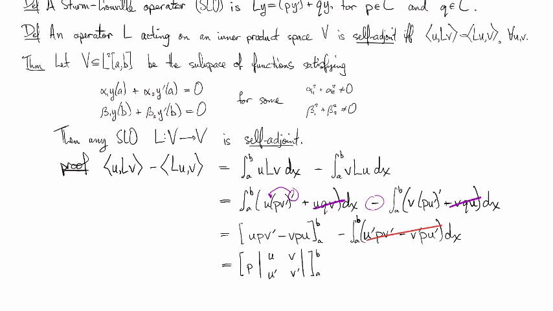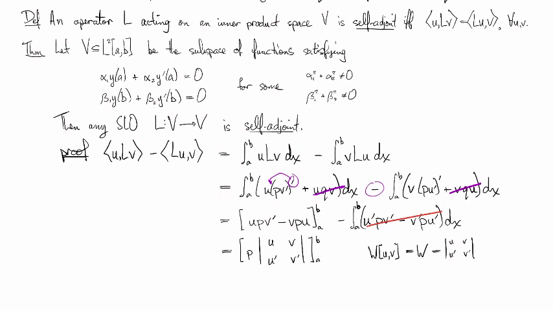And that determinant is called the Wronskian. Typically we denote the Wronskian of u and v with this W here. I'll just call it W for short. You put the functions across the top and then their derivatives across the next row, like that. And so what we have here is p(x) times the Wronskian at x, evaluated from a to b.